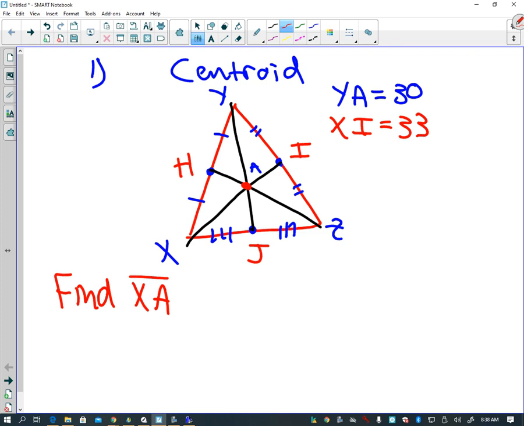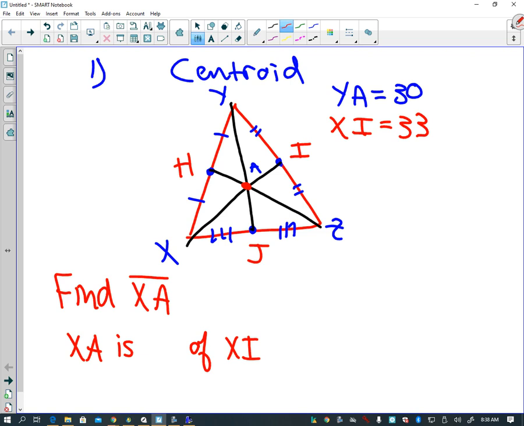2/3. So basically would be saying that XA, does anybody know, XA is what of XI? What ratio? 2/3.